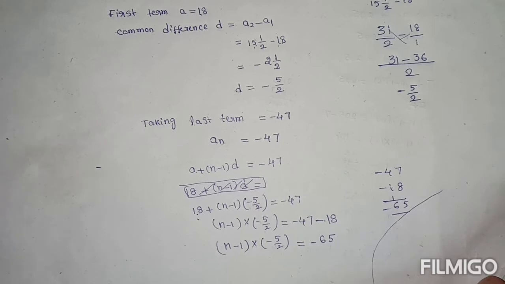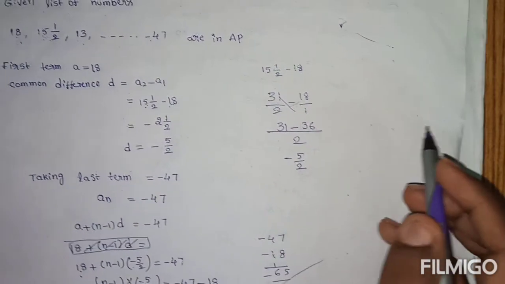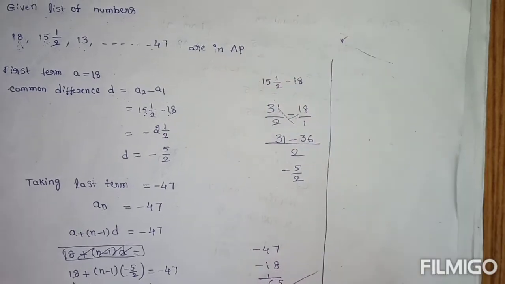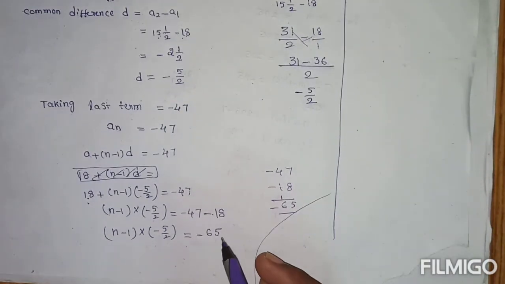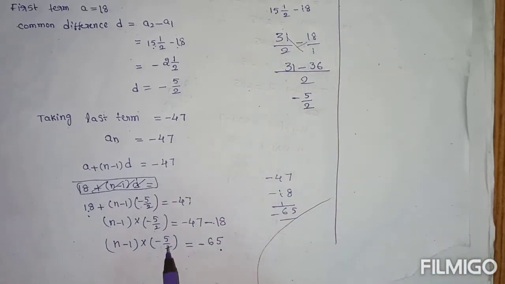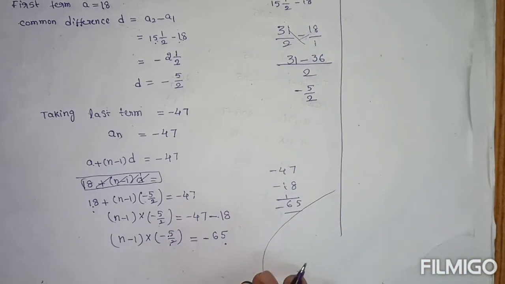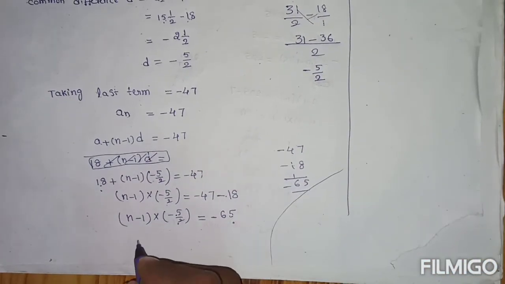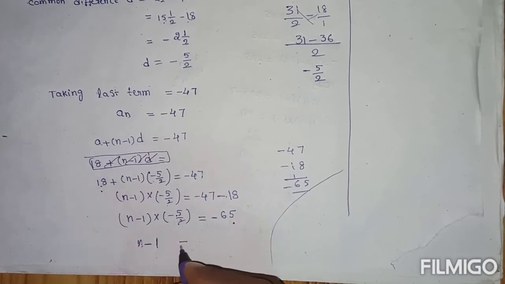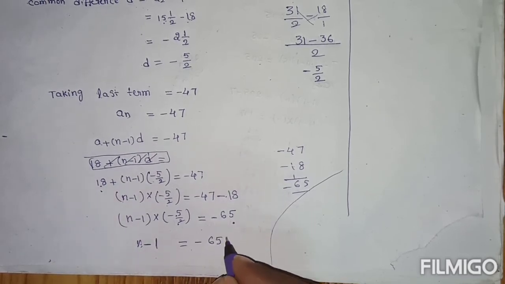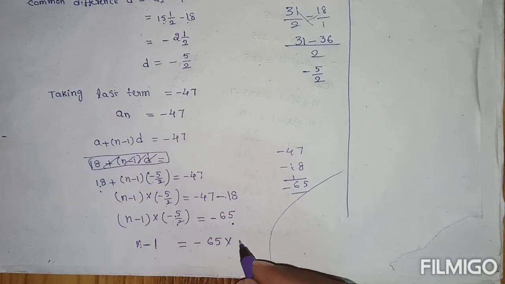Next step. Minus 5 by 2 is a fraction, so we take the reciprocal. N minus 1 is equal to minus 65 into the reciprocal of 5 by 2, which is 2 by 5, and minus also considered.